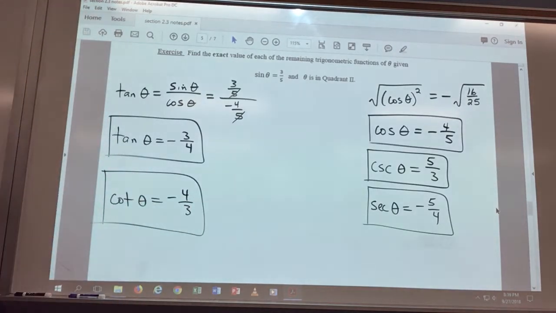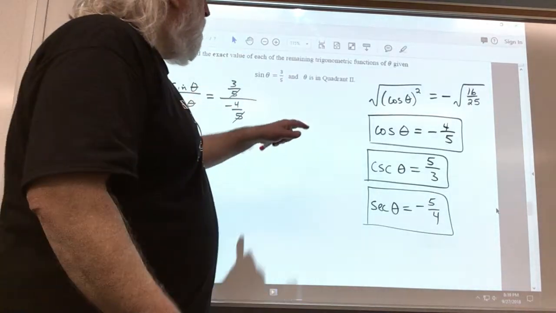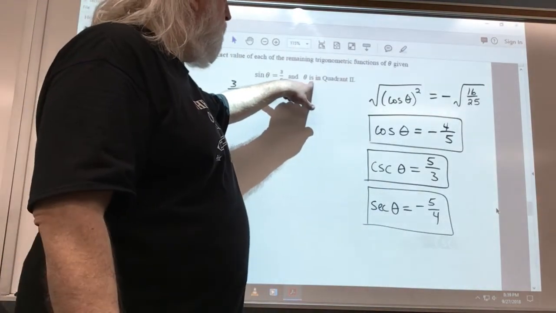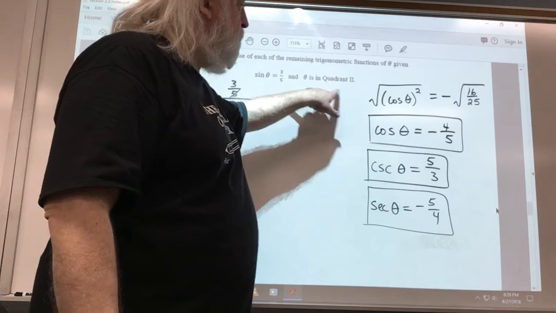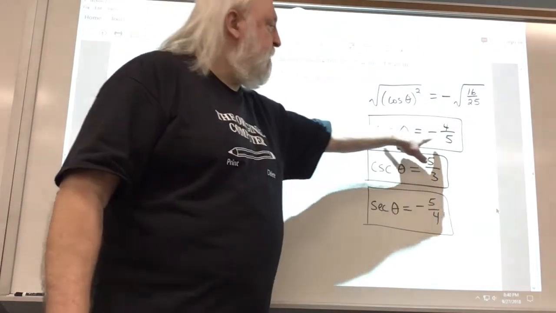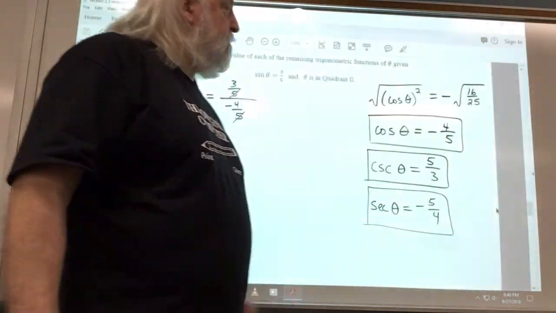So this actually turned out to be faster, I think, in solving this problem. But you can't lose sight of the fact that if theta lies in quadrant 2, the cosine function has a negative value, not a positive value.